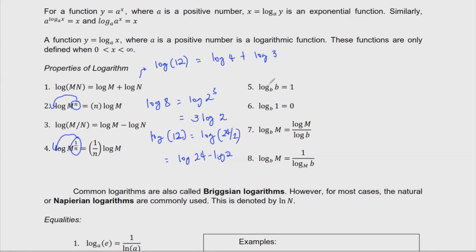Now let's head on to rule number 5. Now this is a very important expression, one of the most basic expressions that you have to remember, because whenever you see something like log of b with a base that's the same as your expression, that's always equal to 1.